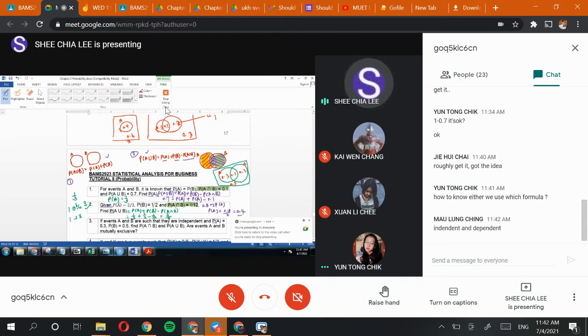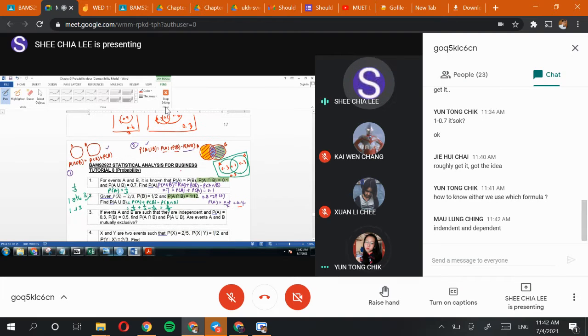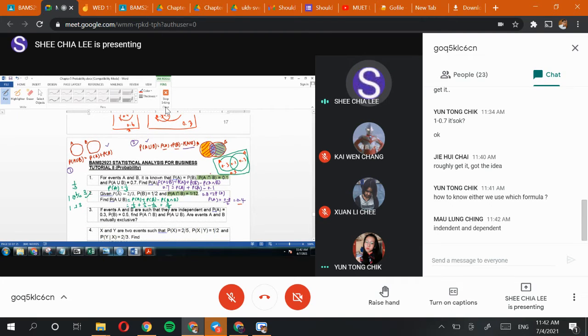If the question consists of an intersection, then you have to use number 2. If there's no intersection, it is mutually exclusive, then it will be number 1. Like this question, they already give you the intersection, so you know there is an intersection, then you use number 2. This question also has an intersection, so we use number 2. Okay, thank you, Miss.